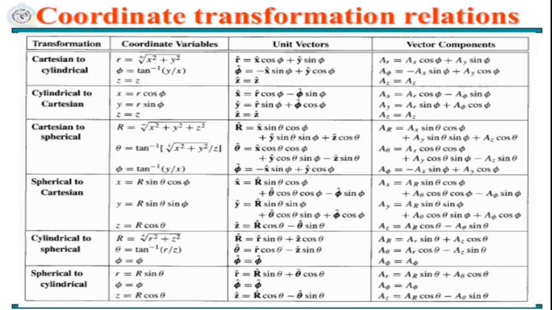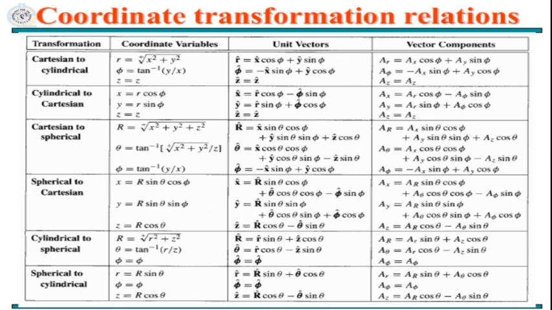The table comprises the transformation of scalars from rectangular to cylindrical and rectangular to spherical coordinate systems. It can also be observed that a transformation from spherical to rectangular, or from cylindrical to rectangular, is also possible.